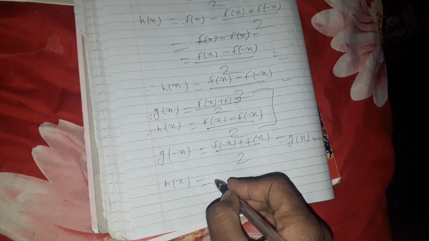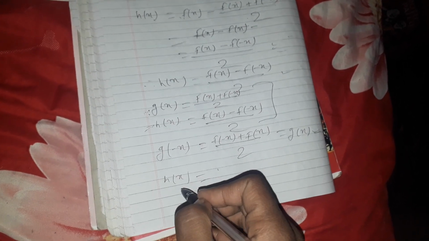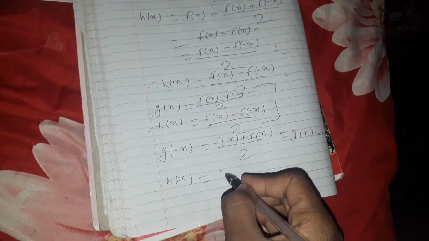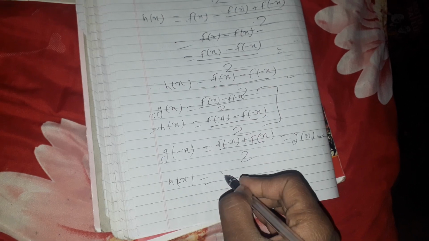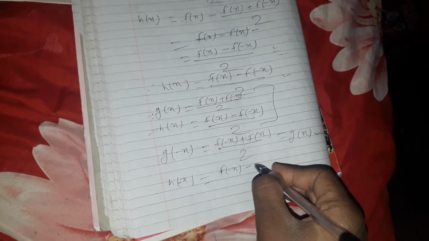How do you prove h of x is odd? If you compute h of minus x, it should be minus h of x. So let's plug this in. You're going to get f of minus x minus f of x, divided by 2.